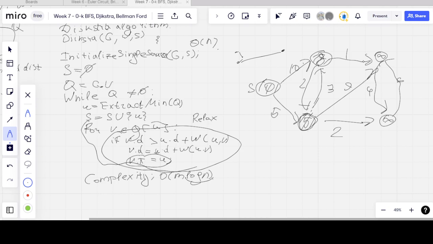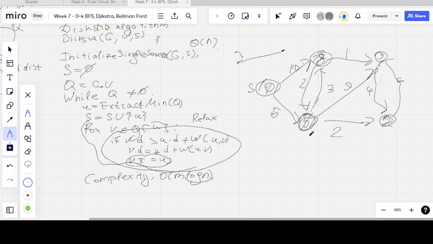We do relaxation for this, and we continue to do this algorithm again and again.